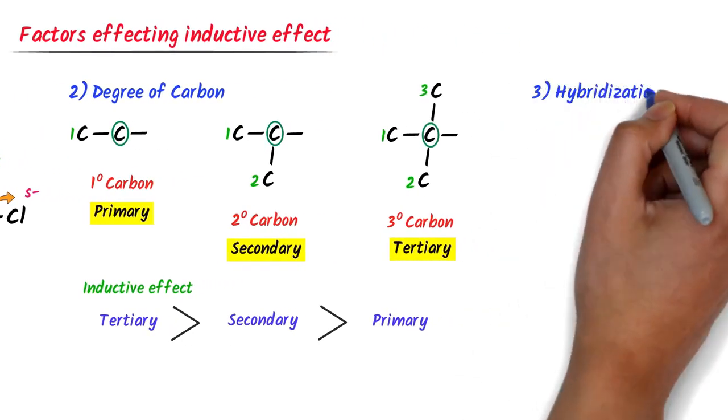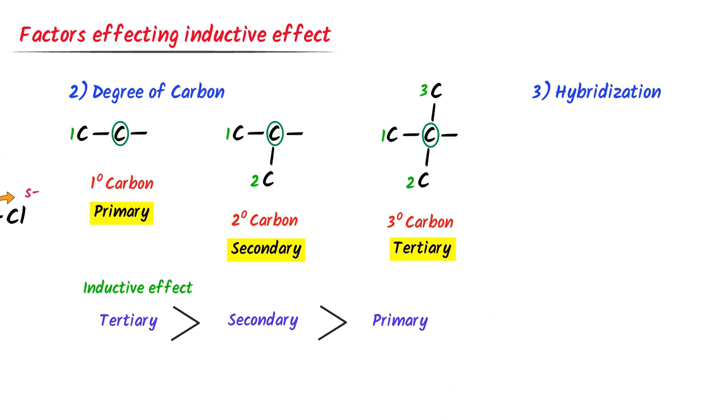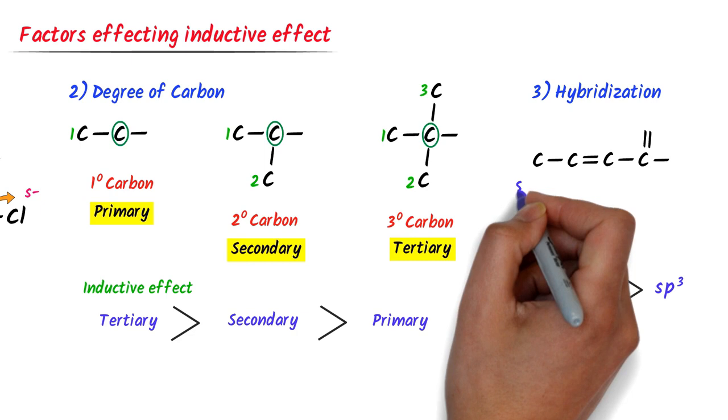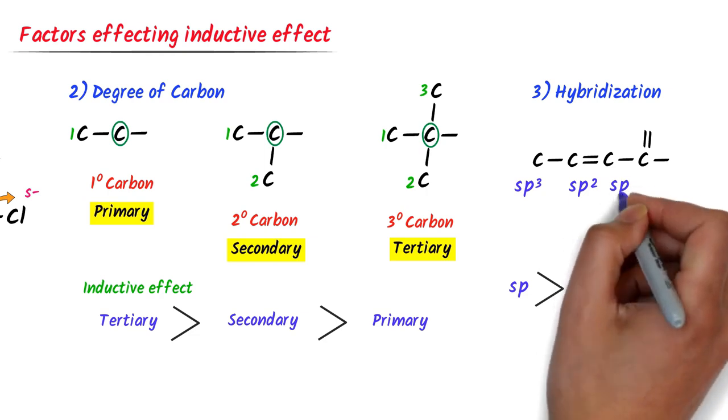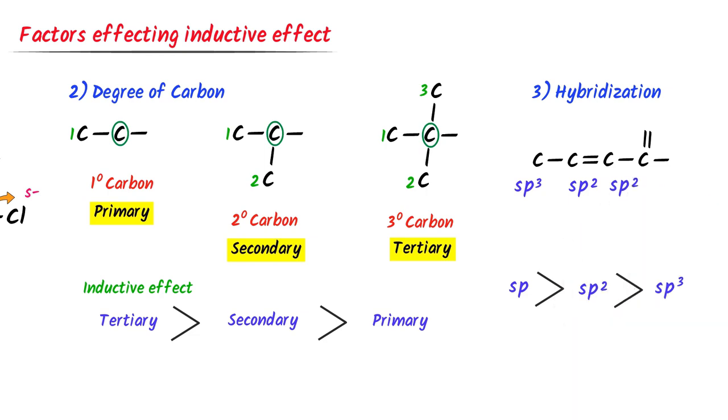Thirdly, hybridization. Inductive effect of sp is more than sp2 and sp3. For example, consider this compound. We can see that this carbon is sp3 hybridized, this carbon is sp2 hybridized, this carbon is sp2 hybridized, this carbon is sp2 hybridized.